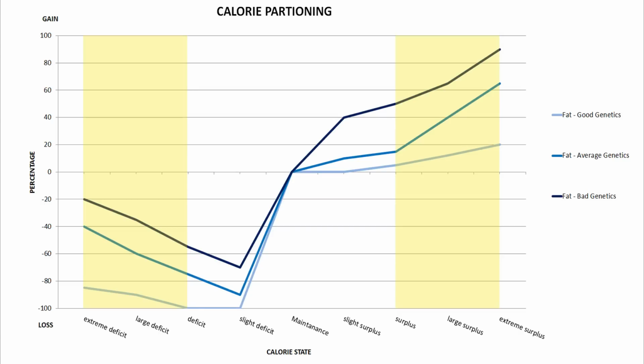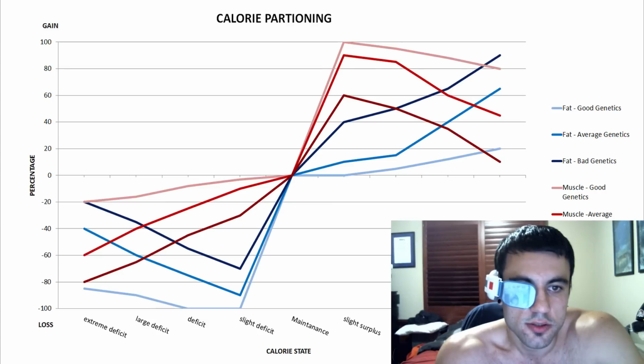And then with the surplus, if you overeat, you're only going to get a small portion of those calories going to fat and being stored as fat. And as you increase your surplus, so if you overeat too much, most of those calories are going to be pushed as fat, even if you have really good genetics. So I hope everyone understands that so far.